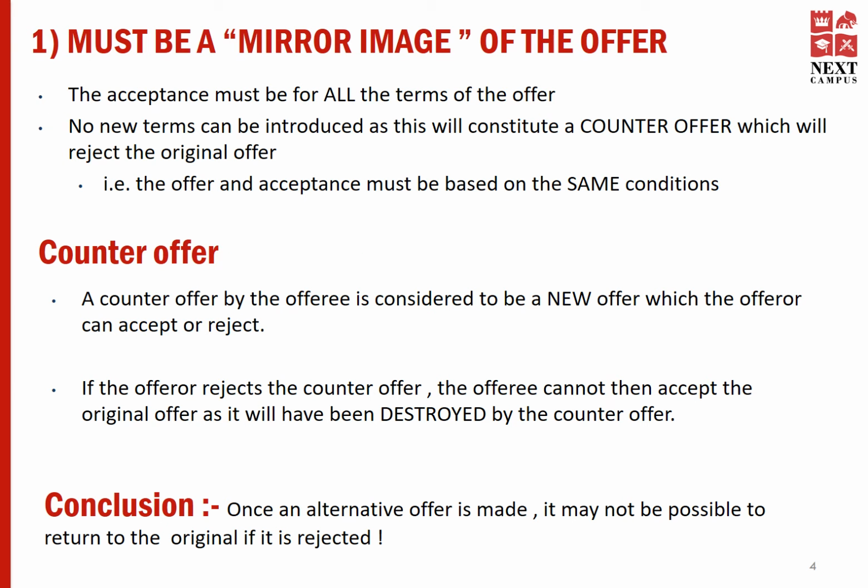So rule number one: it must be a mirror image of the offer, meaning the acceptance must be for all the terms of the offer and there cannot be any variations. Also, there cannot be any new terms introduced, as this will constitute a counter offer which will reject the original offer that has been made, meaning the offer and the acceptance must be based on the same conditions.